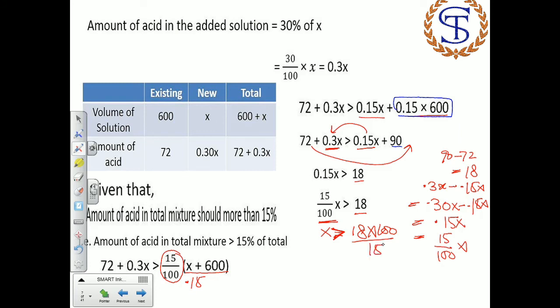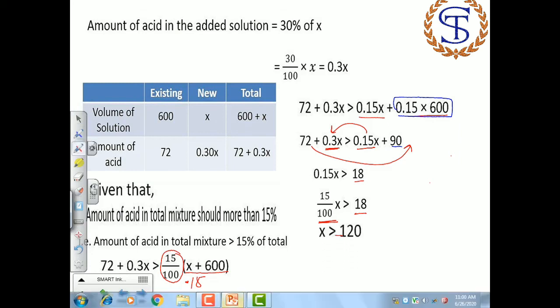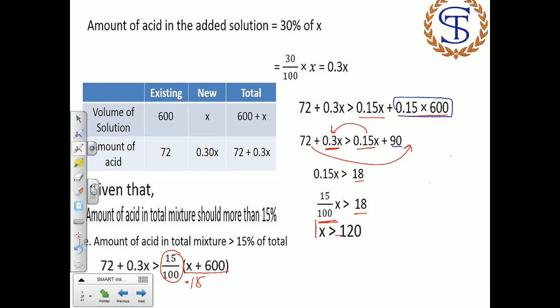Now simplify this. On simplification, what will we get? What is the value of x? The value of x is greater than 120. This is the value of x.